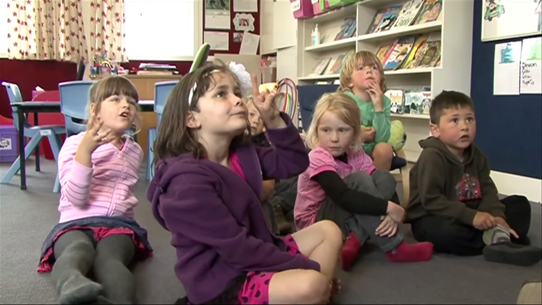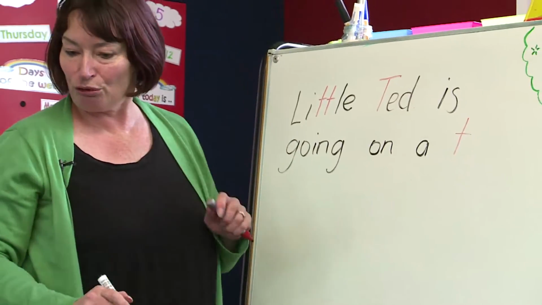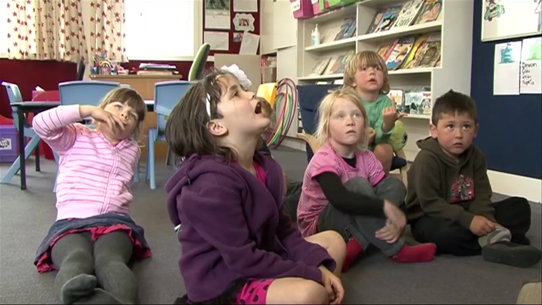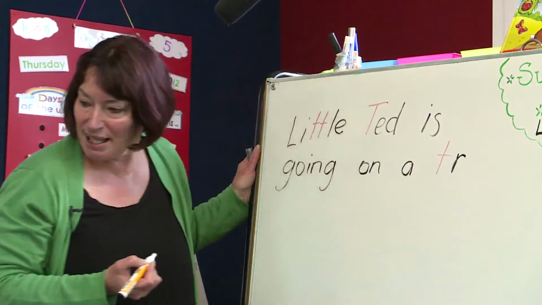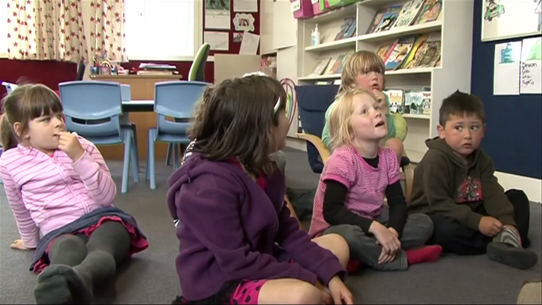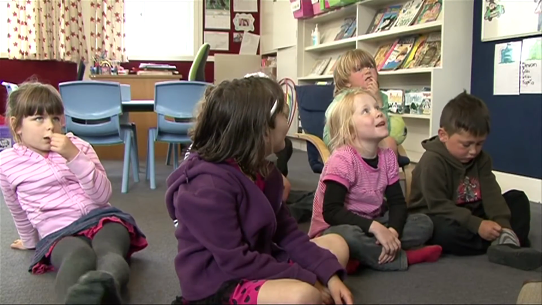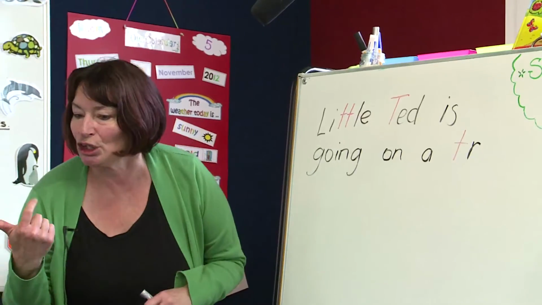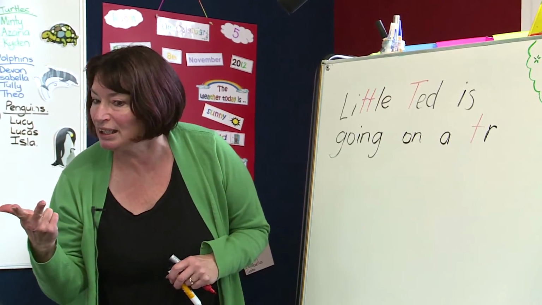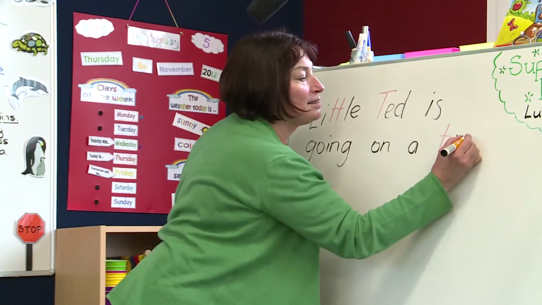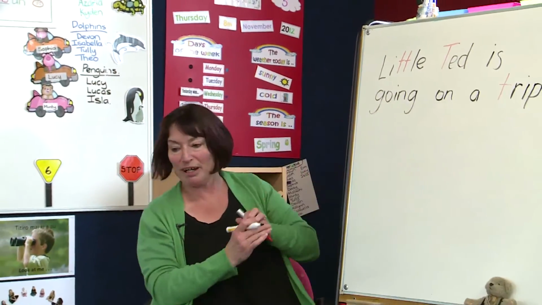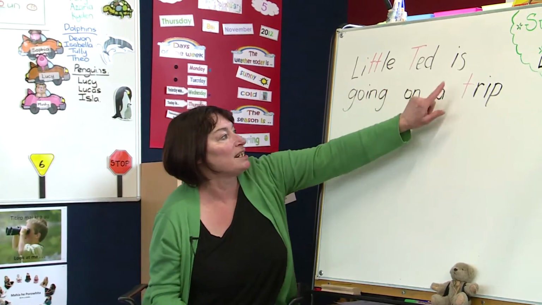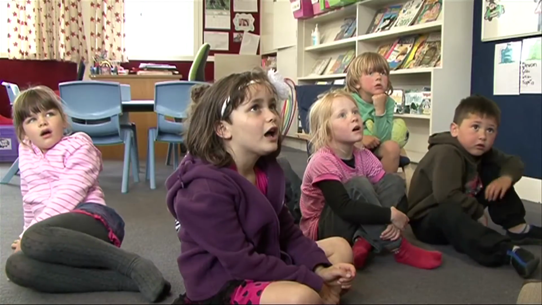T. Who can hear the next sound? R. Yes. Good. What's the next sound? Let's do it again. I. Okay, let's read it. Little Ted is going on a trip.